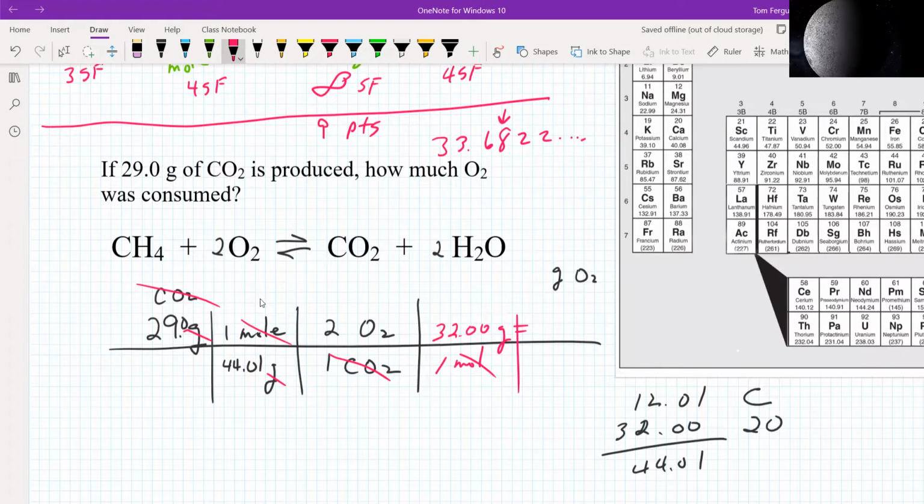We're trying to find grams of oxygen. If everything doesn't cancel, giving you what you're trying to calculate, your setup isn't right. And this works every single time. Okay, and again, that setup right there is worth 90% of the points.